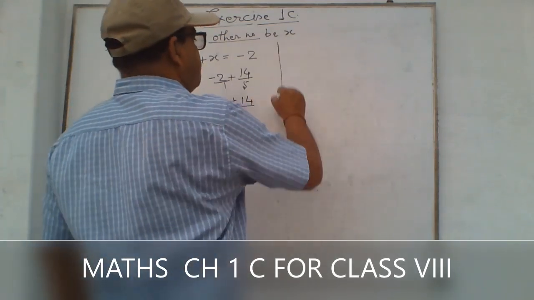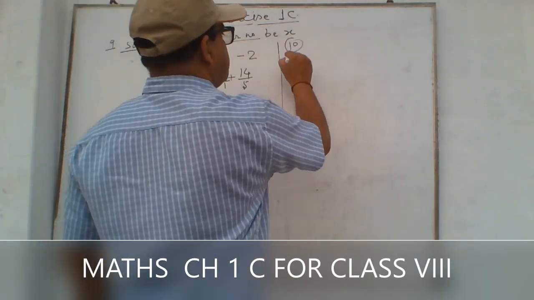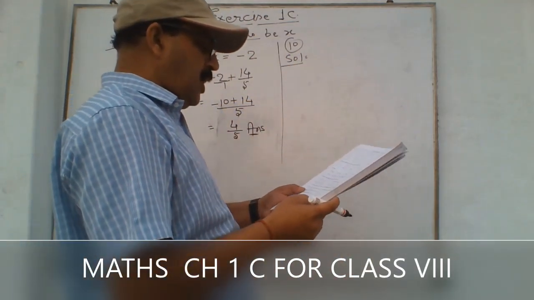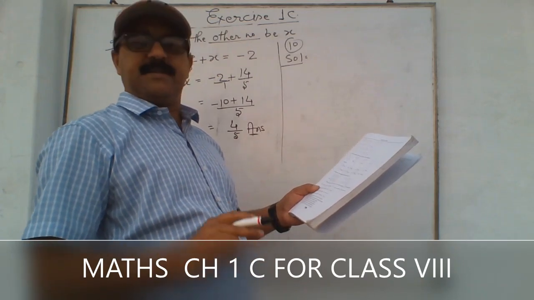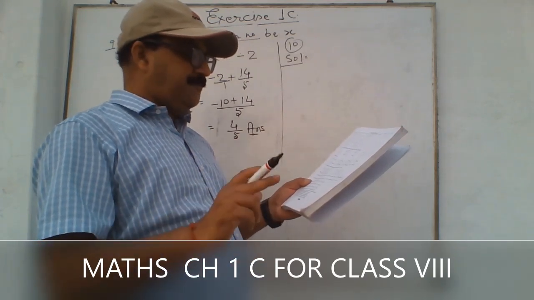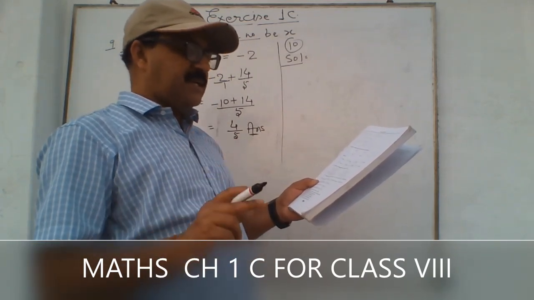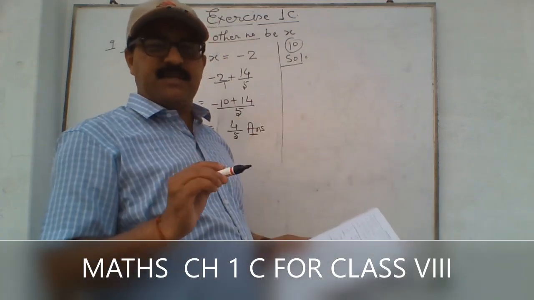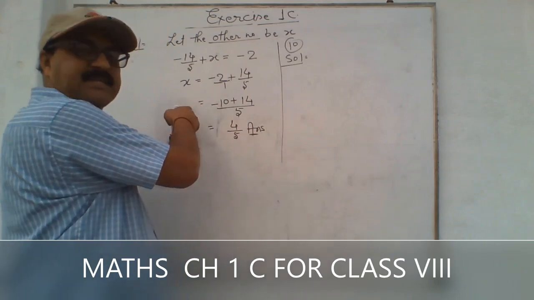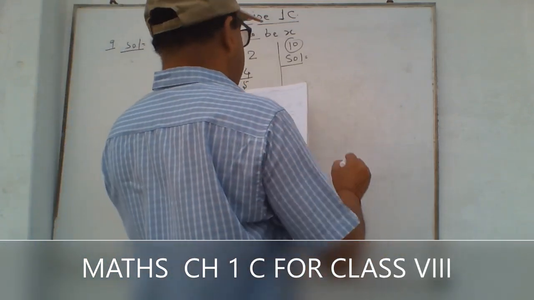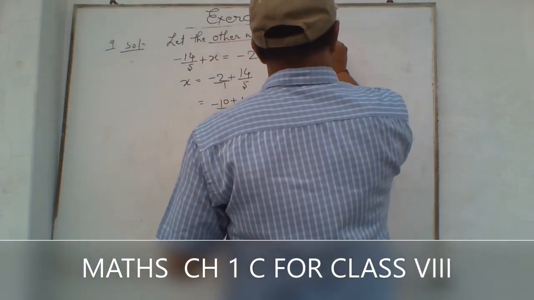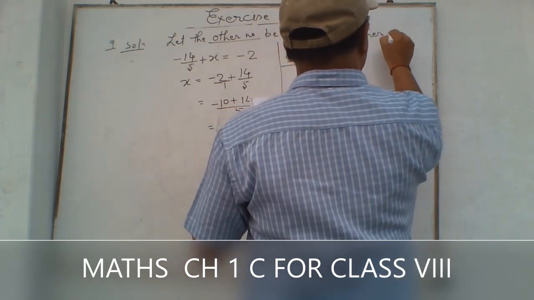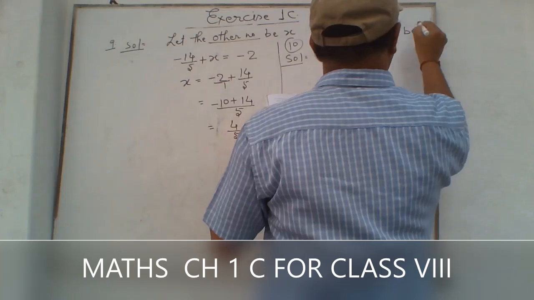Next question. Question number 10. The sum of two rational numbers is minus 1 by 2. If one of the numbers is 5 by 6, find the other. Here I will write only the equation and you will do it by the same process. Let the other number be x.